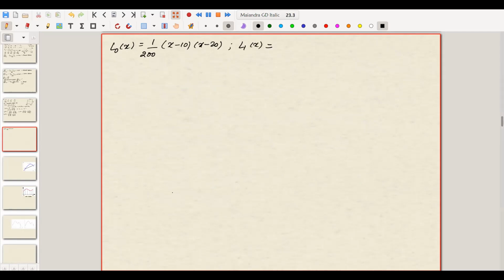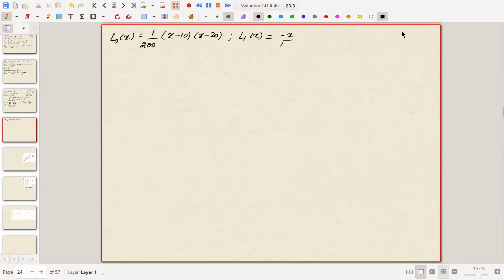What is L1 of x? So these things you have to do. Find L1 of x at your home and check whether these are actually correct. Similarly, L2 of x is x by 200 into (x minus 10).